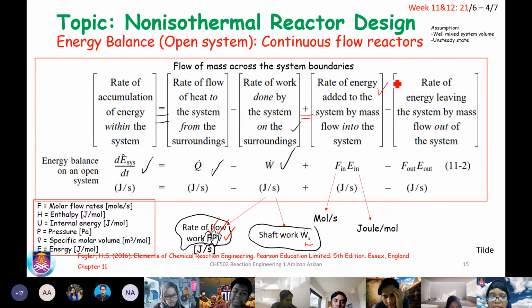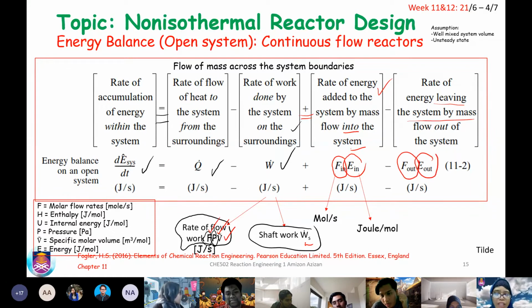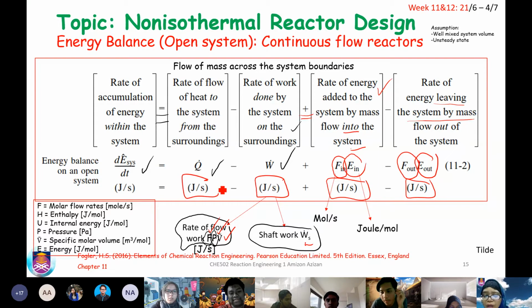Plus the rate of energy added to the system by flow into the system: flow in times energy in, minus the rate of energy leaving the system by the mass flow out, molar flow rate out times the energy out. All of the terms must have the same unit, which is joule per second, for both left and right.